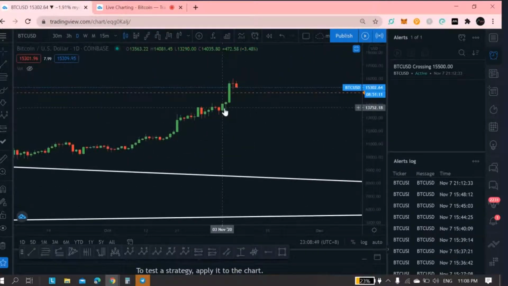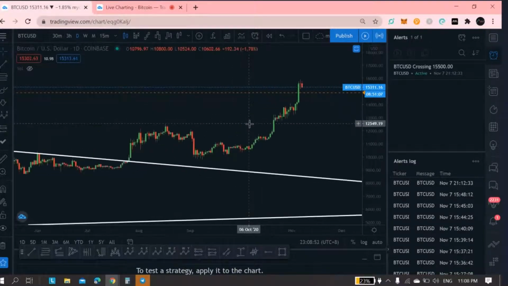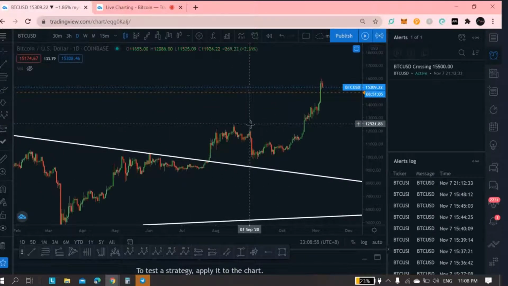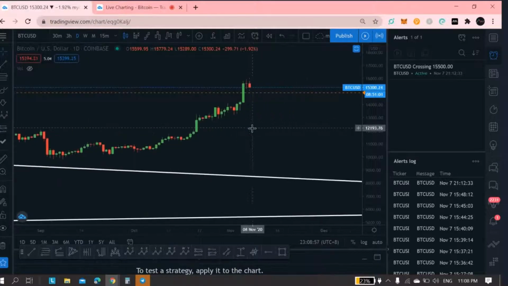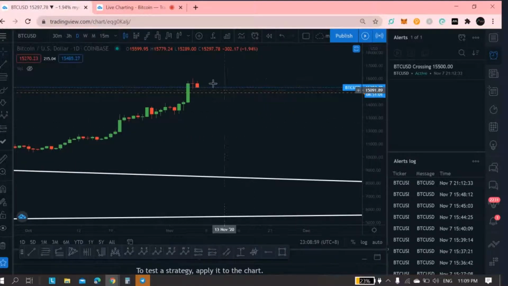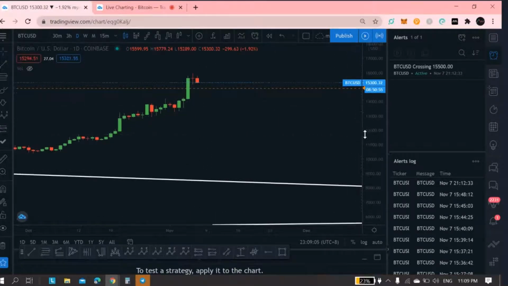I think I will use this one around the 13,600 area. So let's see. I don't like this doji, and a doji and then a possible bearish is possibly a more bearish trend.